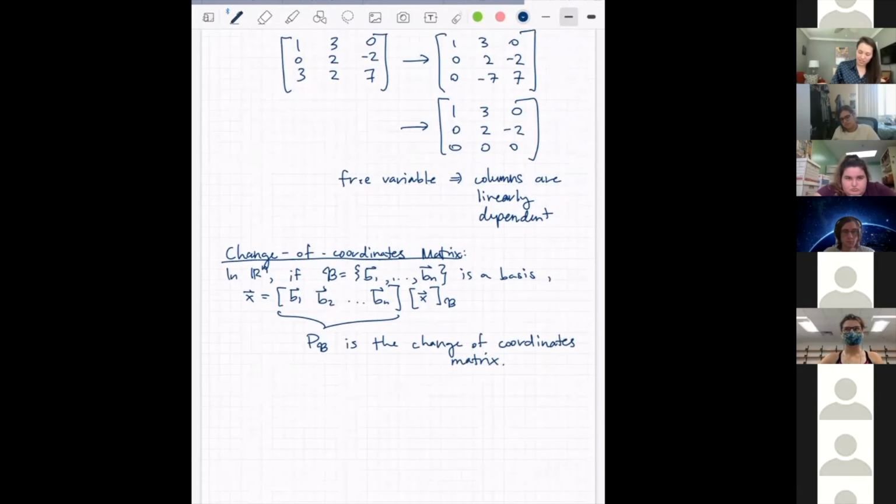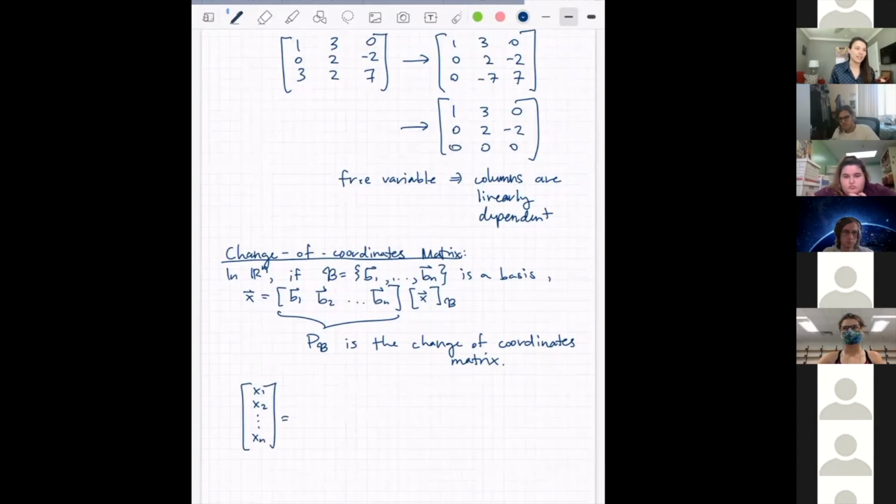Okay, so just to see why this is the case, we can write out what this equation is. It's basically matrix by vector multiplication.